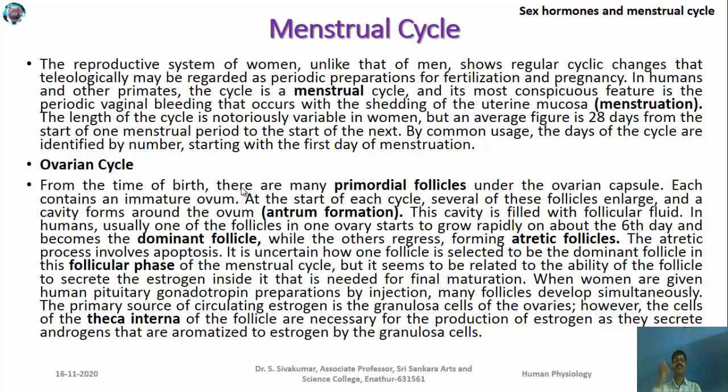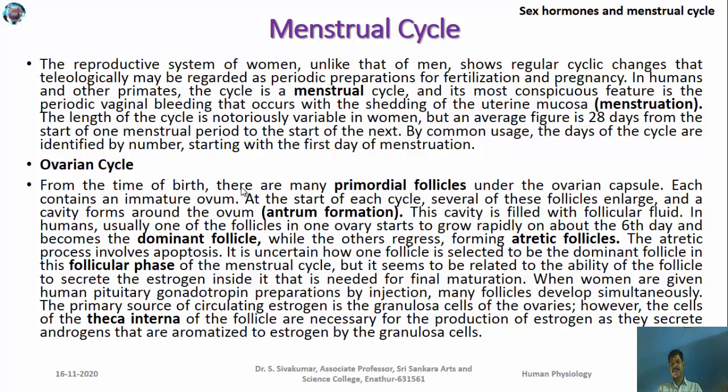Shredding of the uterus wall occurs every 28 days, and that process is known as menstruation. The events which occur during this process are known as the menstrual cycle. So a menstrual cycle has two different phases.